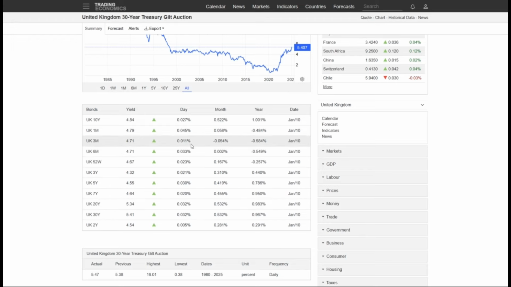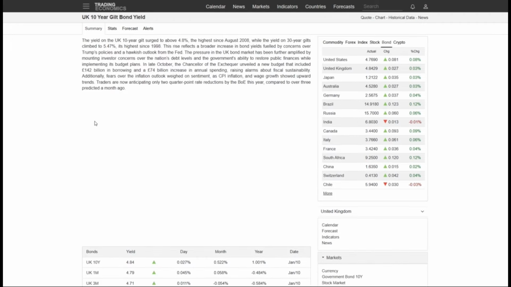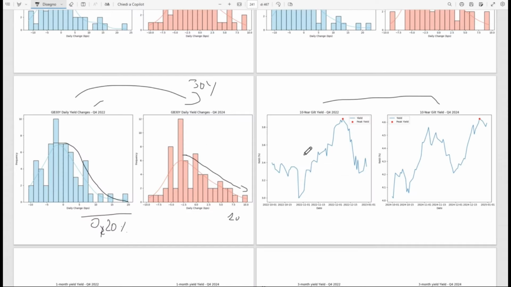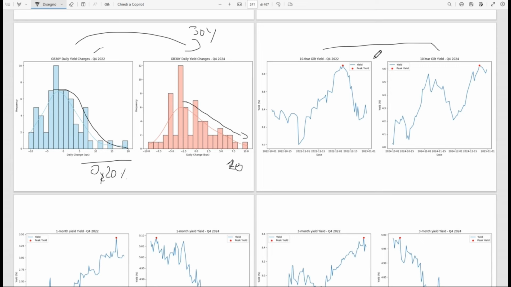I mean, this was Friday, but Thursday you had one day when the yield curve went up by 10 basis points. There was a lot of volatility from Monday to Thursday, and then Friday a little bit less, but still the UK bond market was very volatile. Okay, now we confront the peak yields.